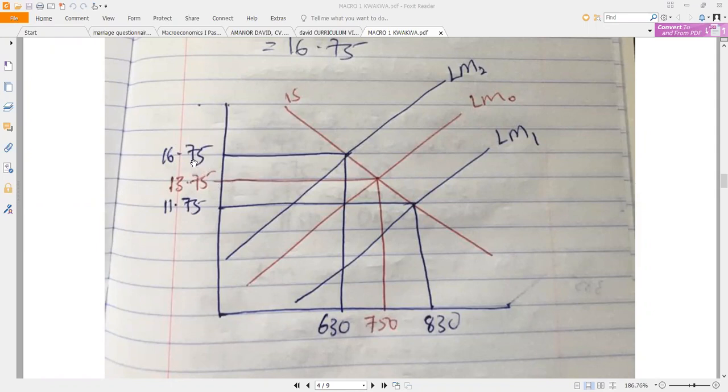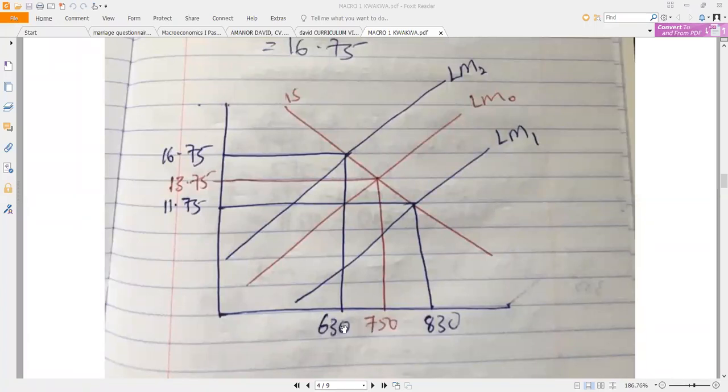So now, after the interest rate has gone up in the money market or the financial market, when you go to the goods market, investment is going to respond. Because of an increase in interest rate, investment will fall. And investment is a component of aggregate demand. As a result, we will see a fall in income.